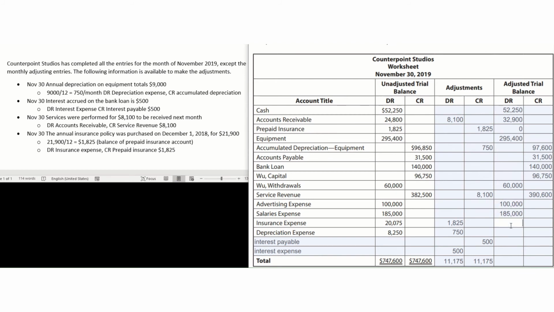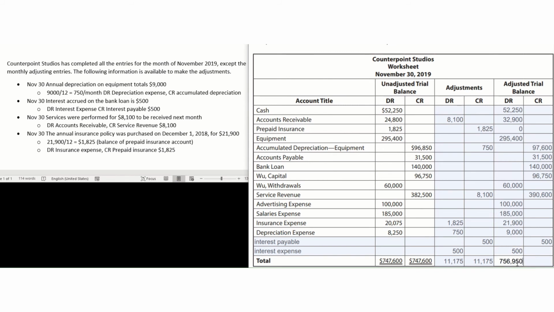No change in salaries. Insurance, we have a debit and another debit, so therefore you're adding them to be 21,900. Depreciation, you have a debit and another debit to add to 9,000. Interest payable had nothing before. Interest expense had nothing before, so it's a matter of just carrying over those adjustments.